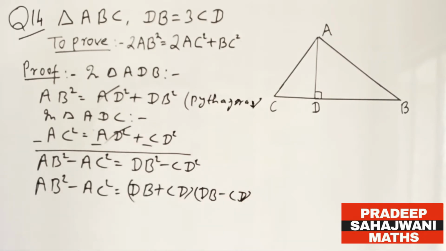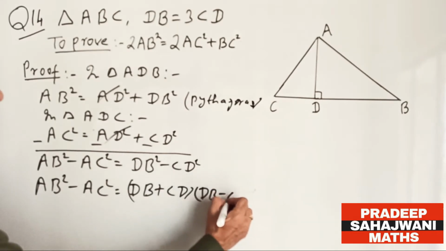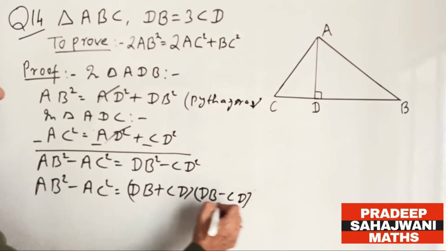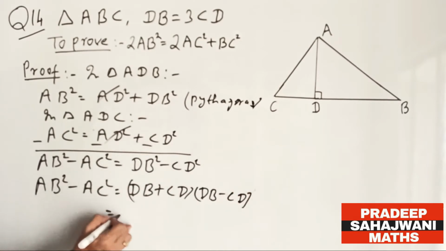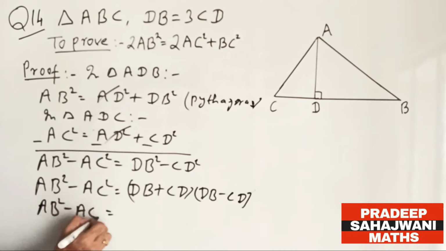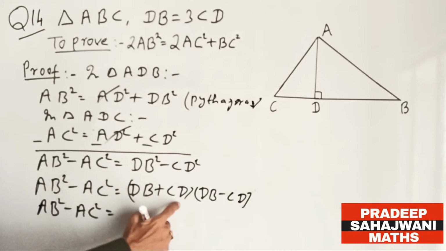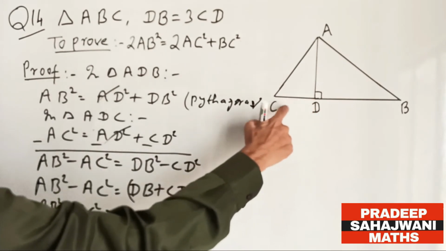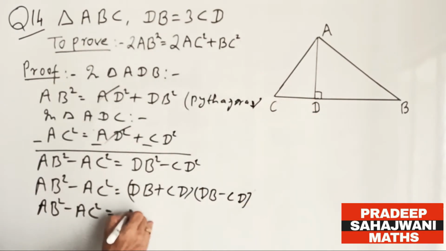Okay student, a plus b, a minus b, identity a square minus b square. So this will be DB plus CD, DB minus CD. So AB square minus AC square, DB plus CD. See, DB plus CD is equal to BC. So we can write here BC.